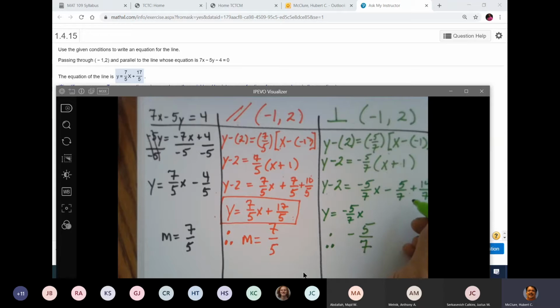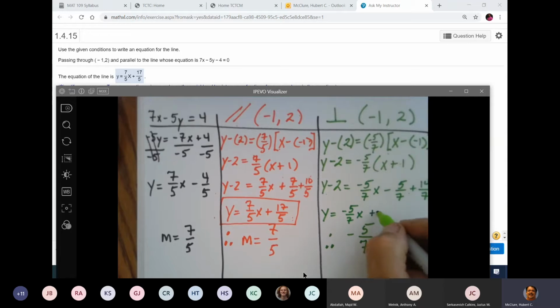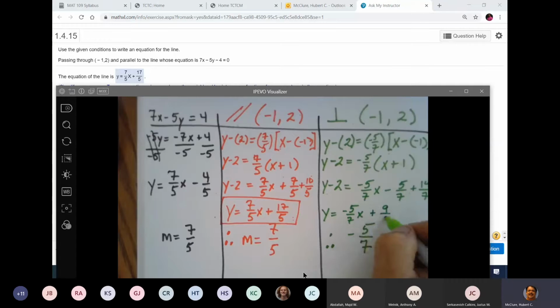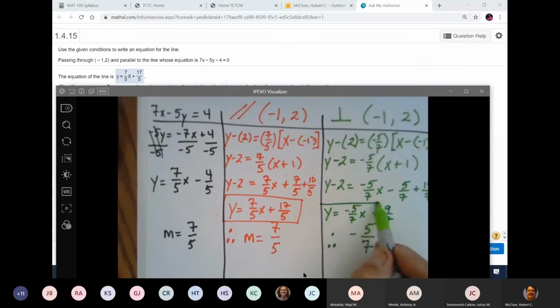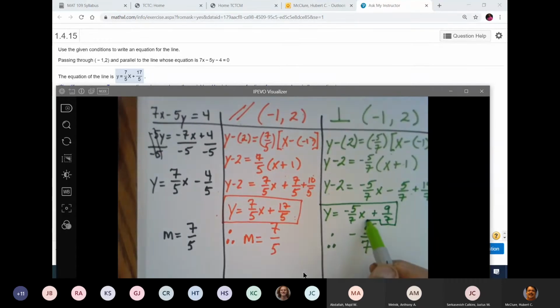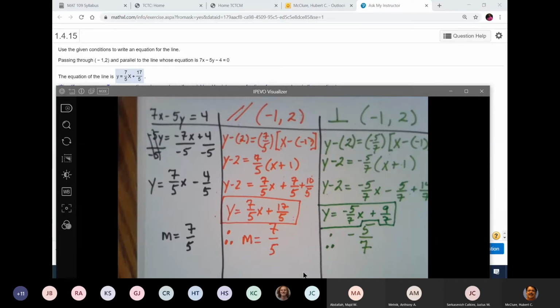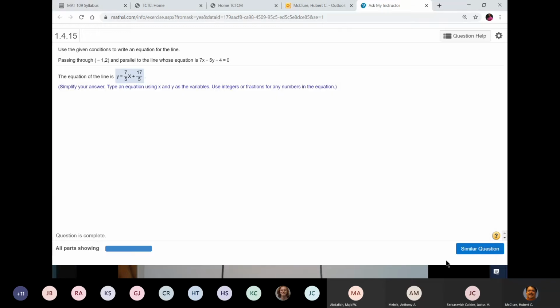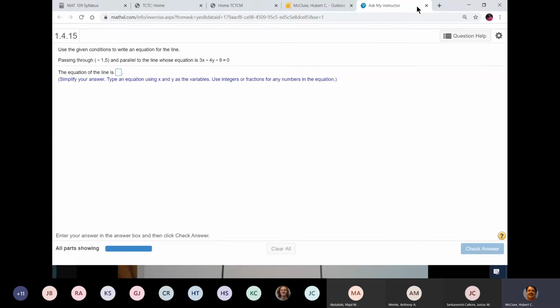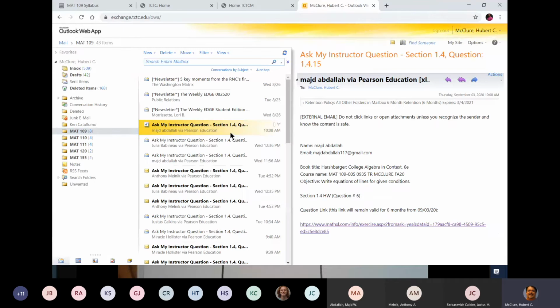Help me out there. 9/7. And this one says parallel. So the 7/5 plus 17/5, and that's the correct answer. Okay. And that takes care of those 2.